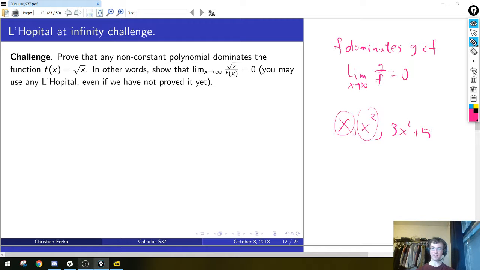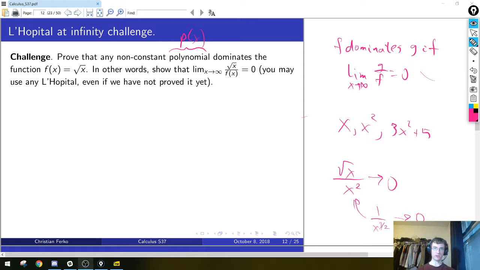You might naively think x squared makes stuff bigger, square root of x makes stuff smaller, so as x gets very large, square root of x over x squared goes to 0, which indeed it does, because in this case it's quite obvious, this is just 1 over x to the 3 halves. And as x goes to infinity, the bottom gets huge, and that goes to 0. But we want to prove this rigorously for any polynomial, maybe call it p of x.